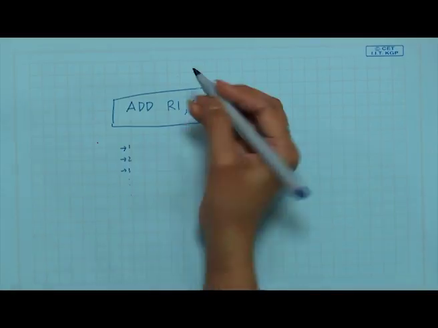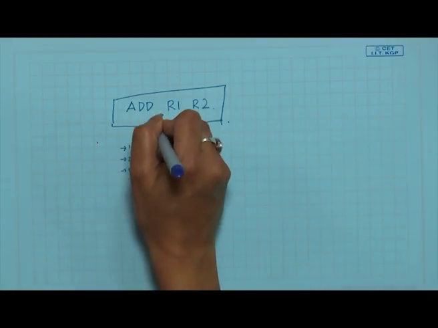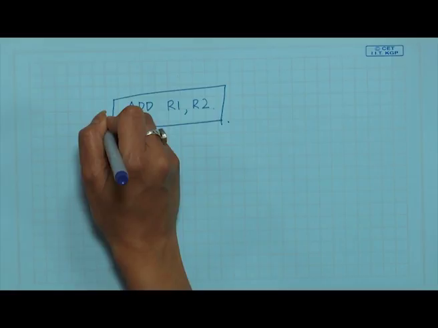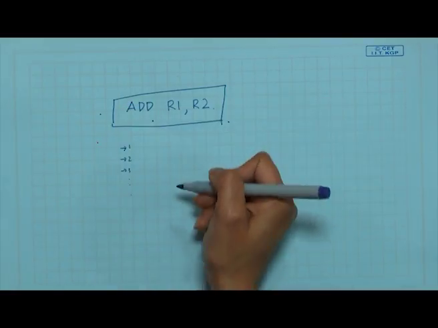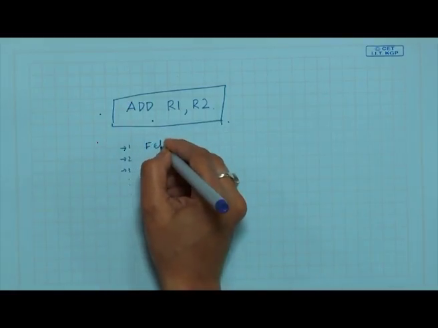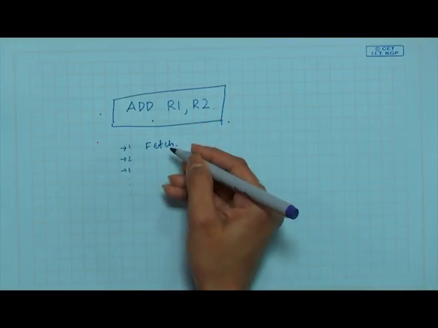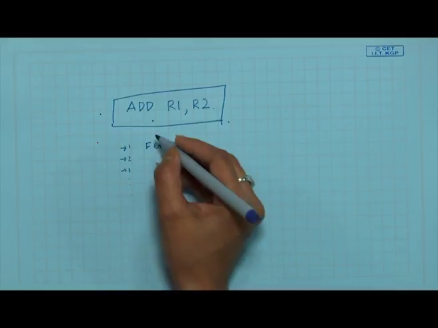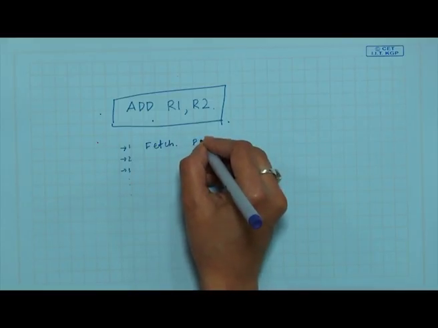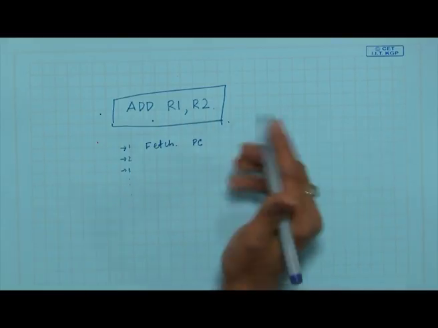What are the steps? First, this particular instruction is stored in memory, so you have to bring it from the memory. So, first is the fetch phase. How will you fetch it? The content of PC should be made available.